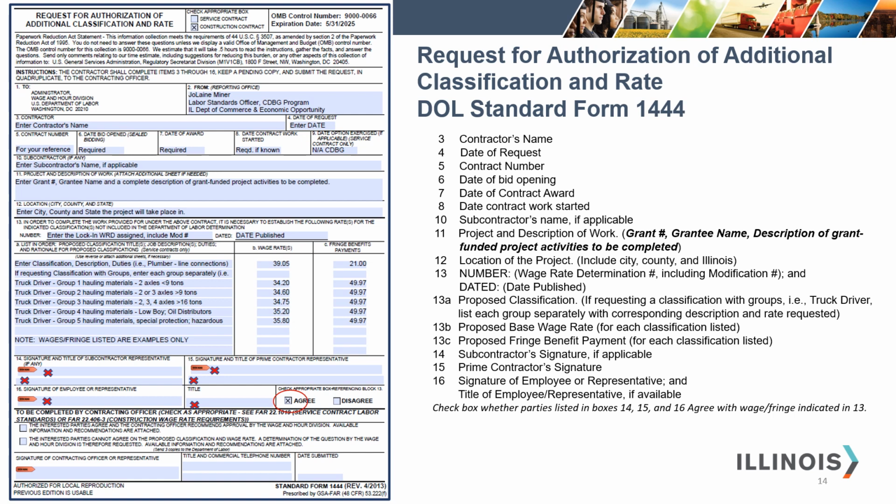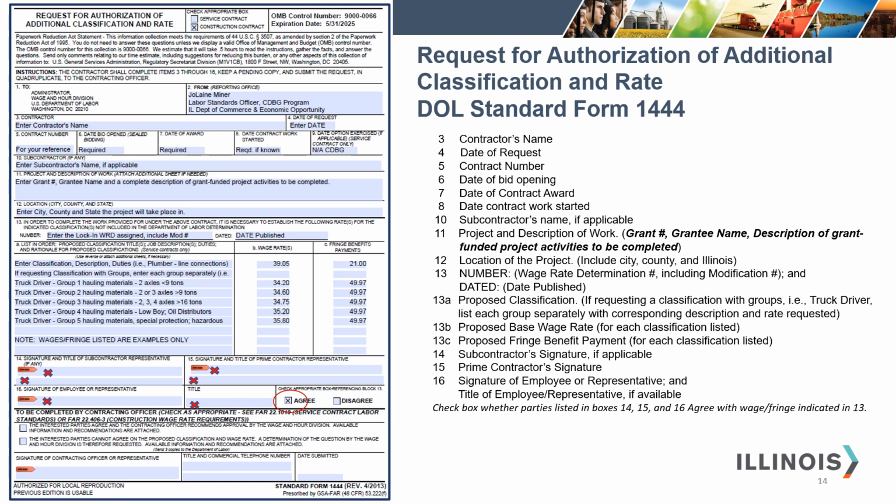Box 2 is always pre-filled with my information as the Labor Standards Officer for the CDBG program. Box 3, contractor, is where you would enter the contractor's name. 4 is where you would enter the date of the request. 5 is the contract number.